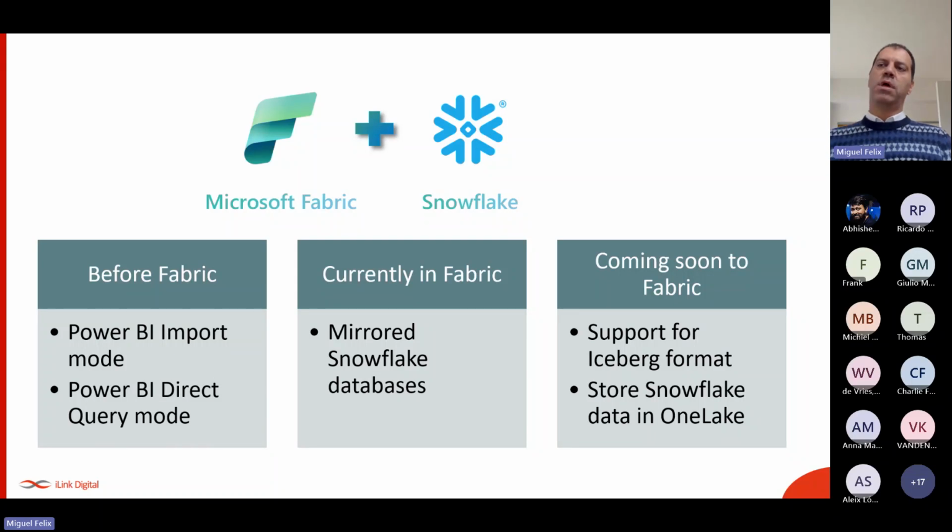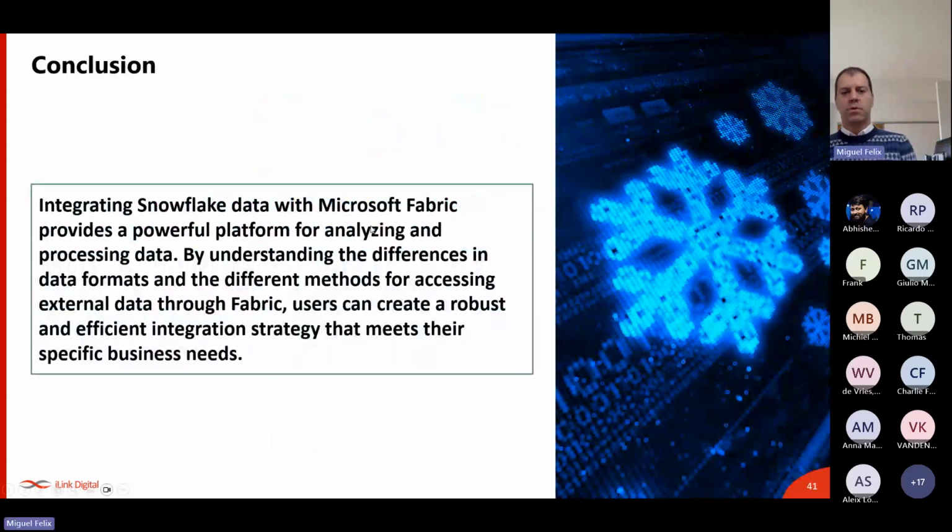So without the need for us to have any special things to be done, okay? So basically, as a conclusion, integrating Snowflake data with Fabric provides a powerful platform for analyzing and processing our data. But we need to understand the differences in formats, especially if we don't define the Iceberg, for example, in the Snowflake, we may have some limitations.